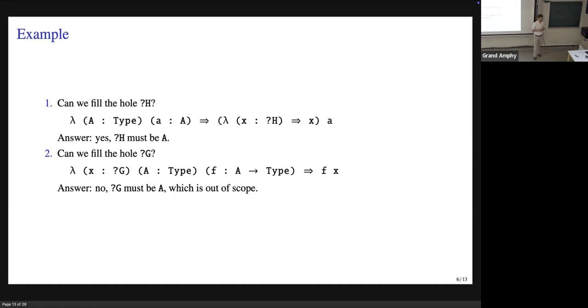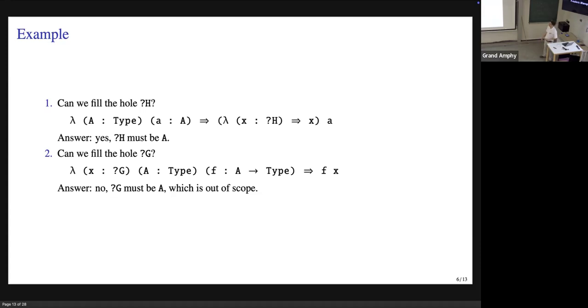Another possibility is to say, I don't want to worry about whether I can fill a meta variable with some term according to some rules of variables. I'm just going to take the simplest possible solution. I prohibit any variables. A meta variable must always be closed.